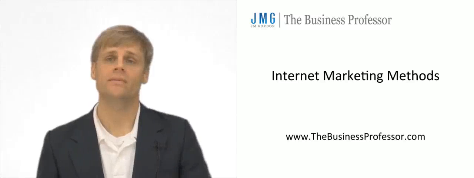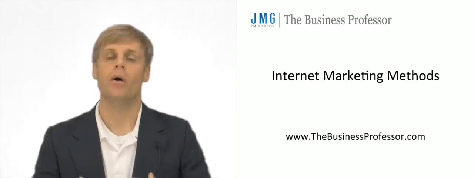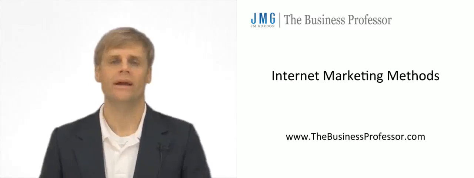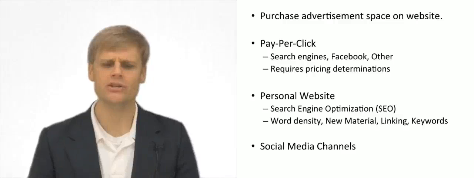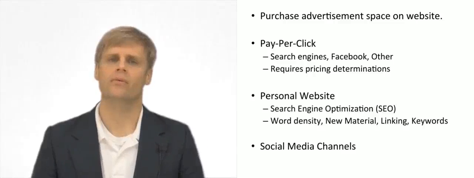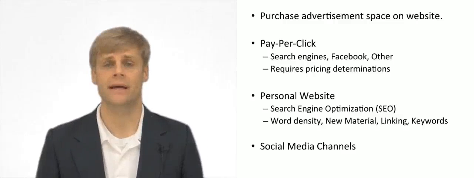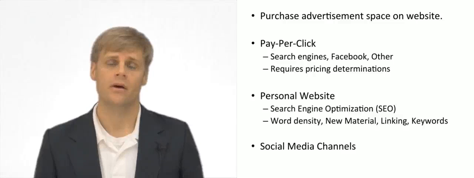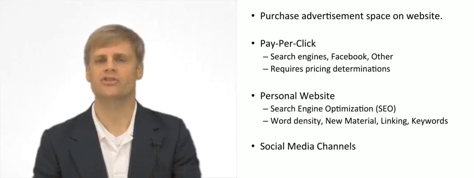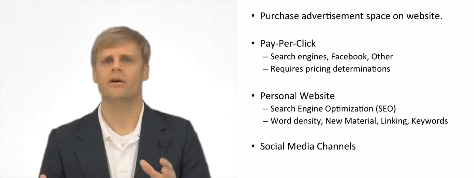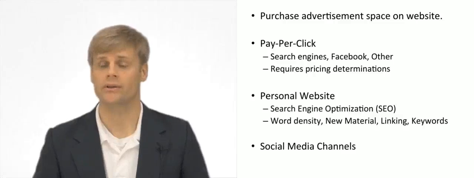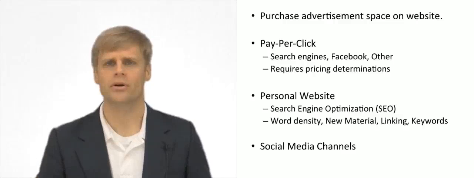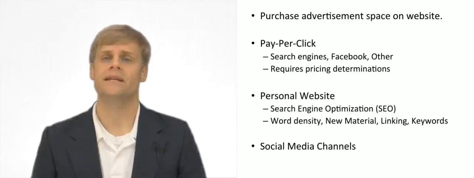So what are some of the internet marketing methods that you can employ outside of social media? Well, generally, the traditional advertising model on the internet would be to purchase advertising space on a popular website. Okay, so you have a website with a certain number of users of a given type or demographic that you're looking to market to, and you purchase physical space on that site.